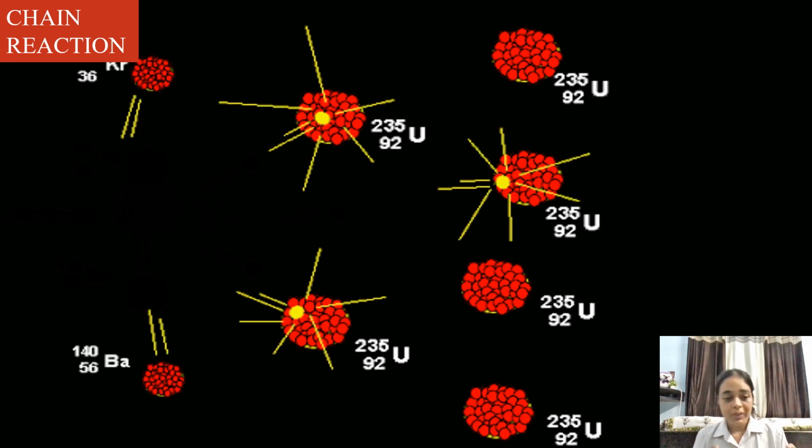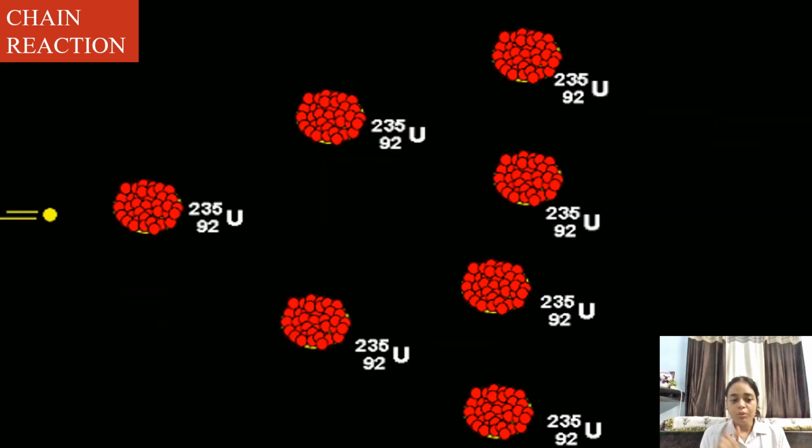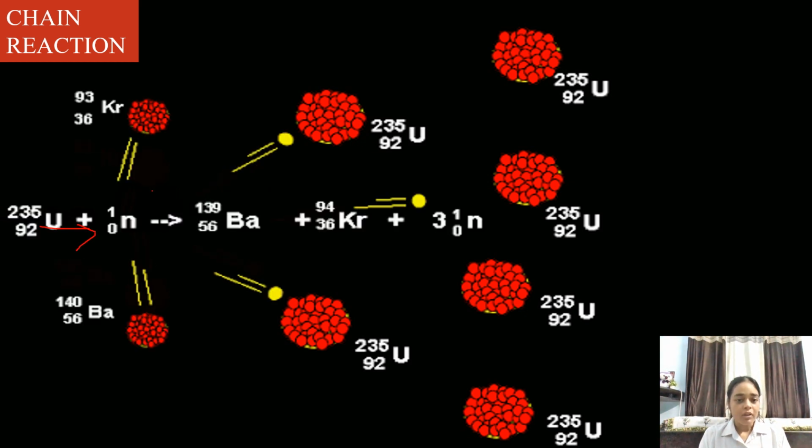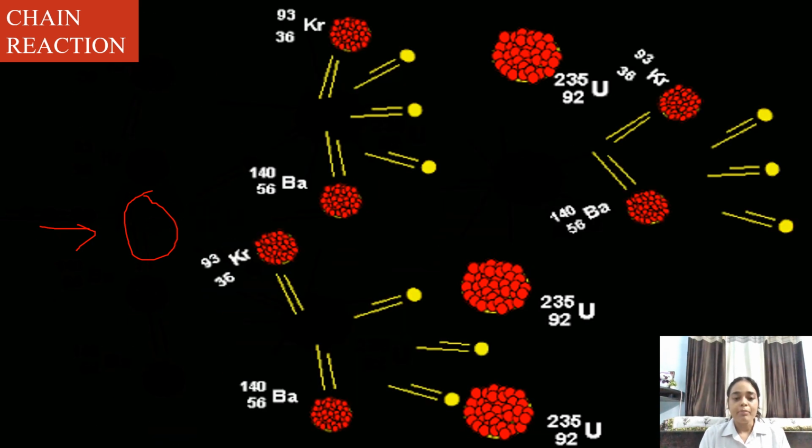Okay, so here we are taking one example of a nuclear fission reaction. A small neutron, here you can see, is combining with a large uranium 235, and that leads to the formation of barium and krypton.